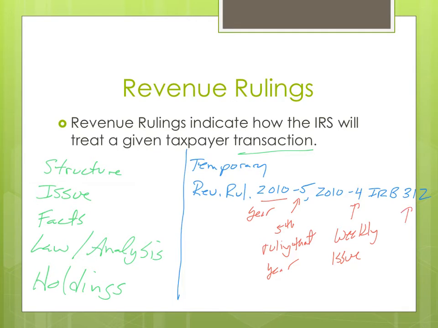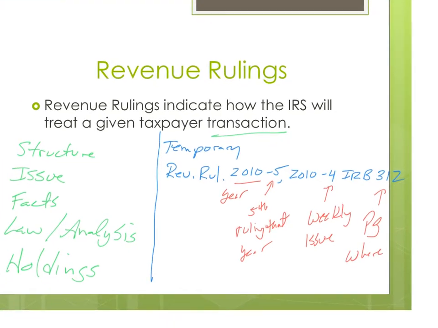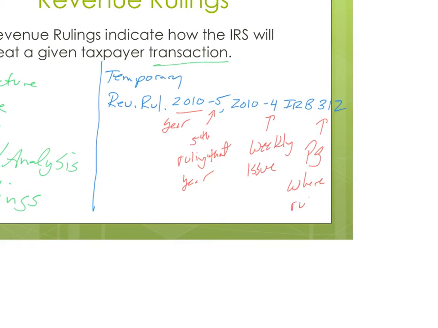And this is the page number where the ruling begins. Okay, now, what is the IRB? The IRB is the Internal Revenue Bulletin. Okay, now, you may think that these citation formats look kind of archaic. Well, they are kind of archaic because we have maintained the same citation format going forward from back when these were quite literally published in huge books.